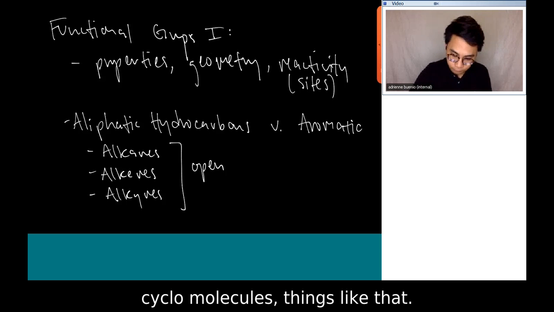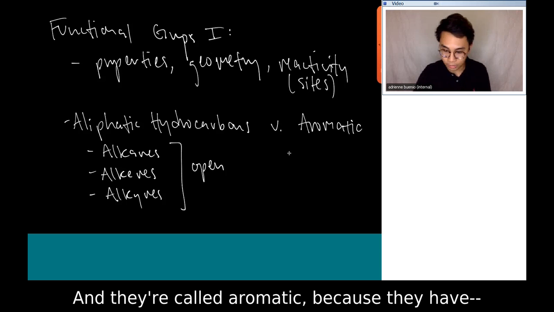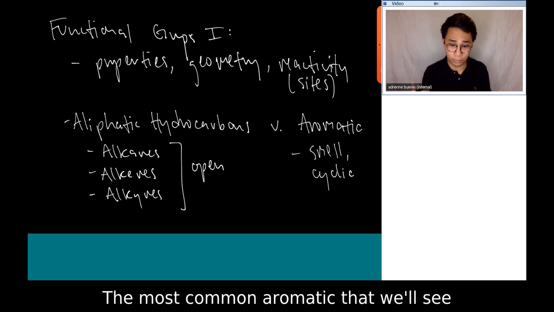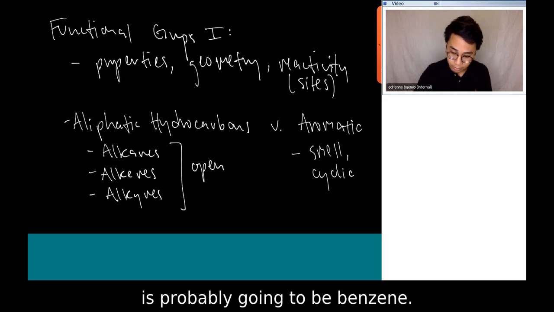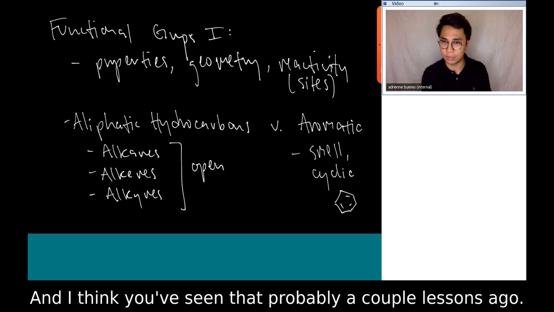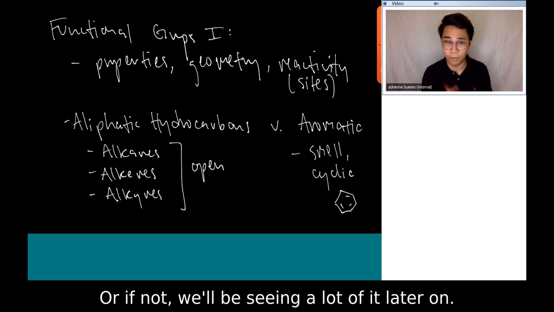They're called aromatic because they smell, right? They're cyclic, and that's pretty much it. The most common aromatic that we'll see is probably going to be benzene. I think you've seen that a couple lessons ago, or if not, we'll be seeing a lot of it later on.